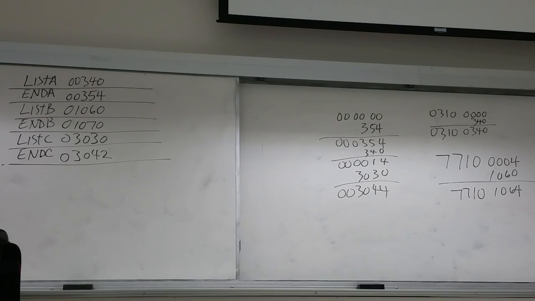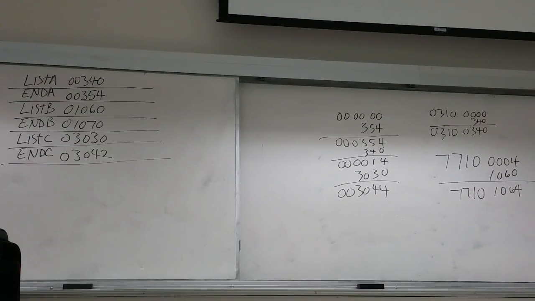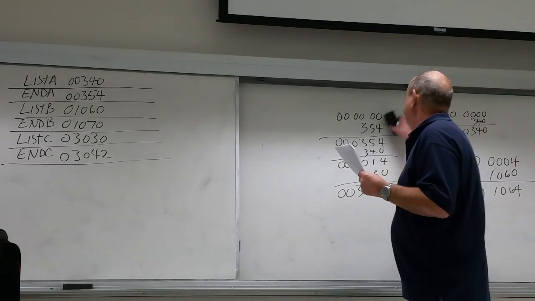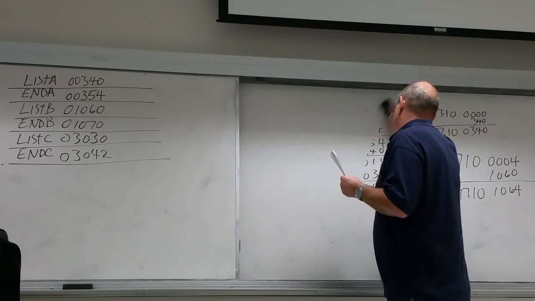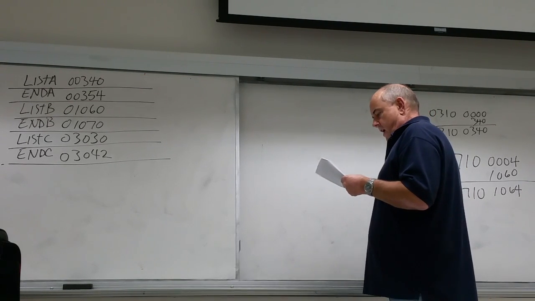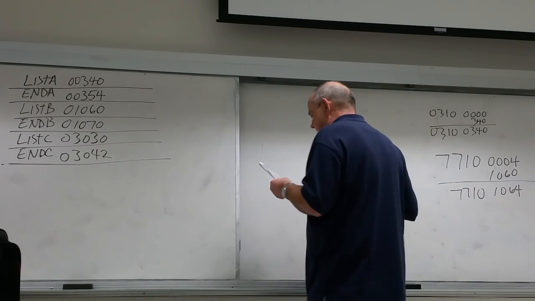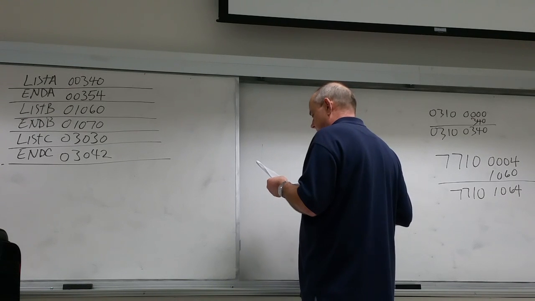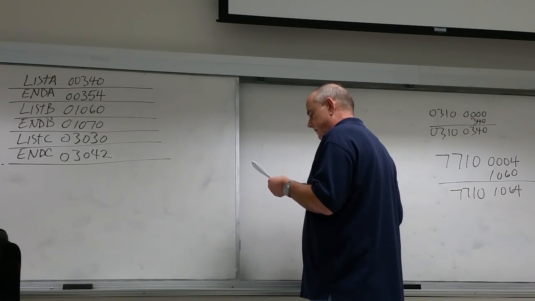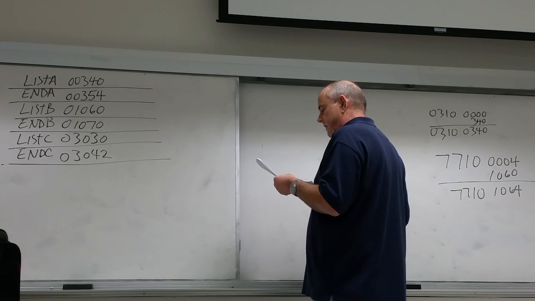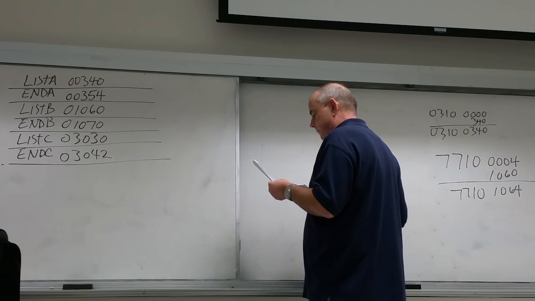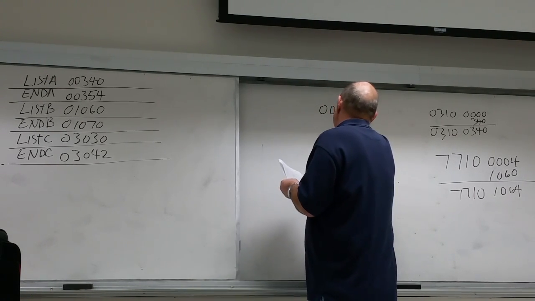Okay. I want to do the last one. The very last one. What's this prog C business? Okay, end A minus list A plus list C. Well, list C's already in there, it's done. So we have this.